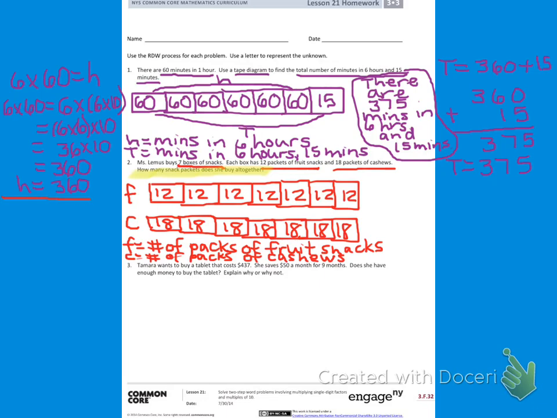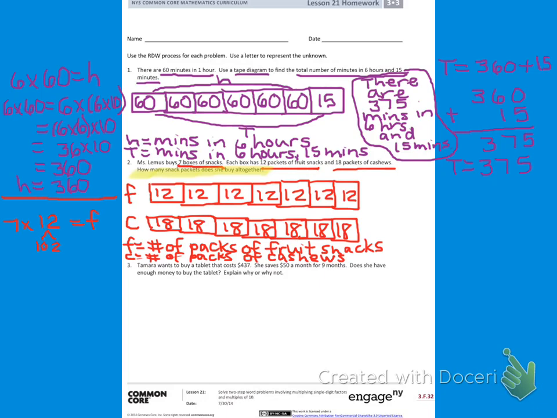All right, now let's go ahead and do the equations. I'll draw a line here so they don't get mixed up with the other ones. There were 7 groups of 12 for the fruit snacks. I think I'll go ahead and decompose the number 12 to be a 10 and a 2.